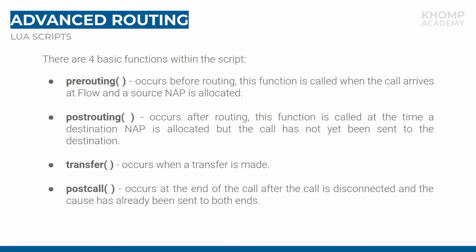For example, you have 4 different basic functions within the script. The first one is pre-routing. The pre-routing happens before routing. This function is called when the call arrives at Flow and a source NAP is allocated. Flow receives the call, and all the security mechanisms are activated in order to know if the origin NAP is okay, an element that could speak with our SIP system.